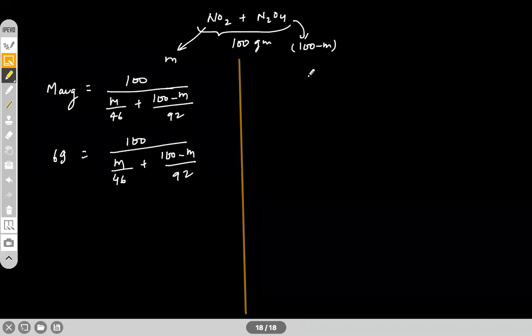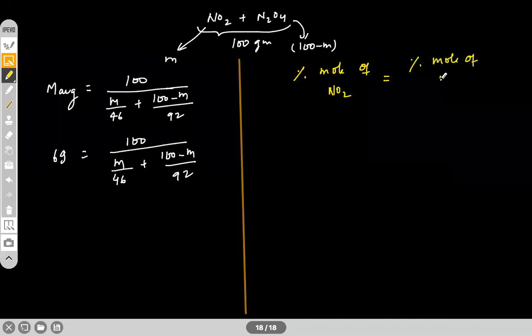What I'm suggesting, since you have calculated the mole percent, the percentage mole of NO2 is equal to the percentage mole of N2O4. Whatever mass of NO2 you have here, its moles will be m by 46, and this mass, it is 92. So molecular mass of N2O4 is exactly double the molecular mass of NO2. Yes or no? Reply.